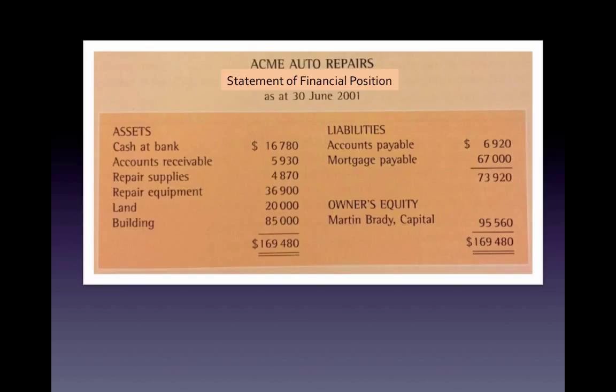The owner is Martin Brady, and the owner's net claims is 95,560. And these two are claiming the total assets of 169,480. So this is why the accounting equation must always balance. Whatever assets you have must be the sum of all the claims on those assets. So this is the basic principle of the accounting equation.